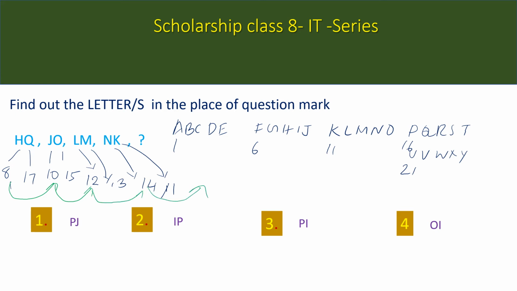So our first letter should be of the 16th one, P. P will be there. One answer must be among these two, PI or PJ, according to me. Now see here, 17, 15, 13, 11, the letter must be the 9th one, it must be PI. This must be the answer.